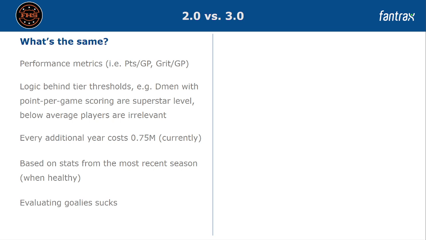And the last point is a bit of a joke, but it's still the same: goalies are difficult. For now the same logic will be applied to goalies, and we still keep the same metrics, goalie points per games played and also the save percentage.